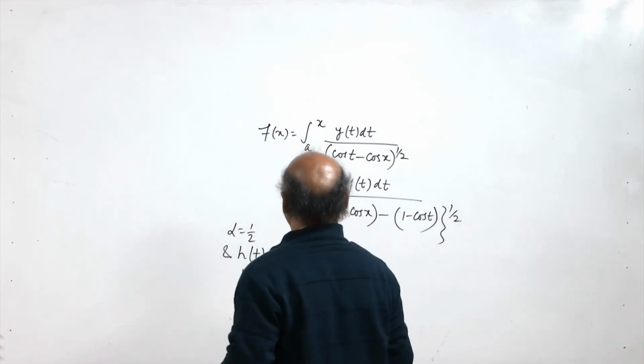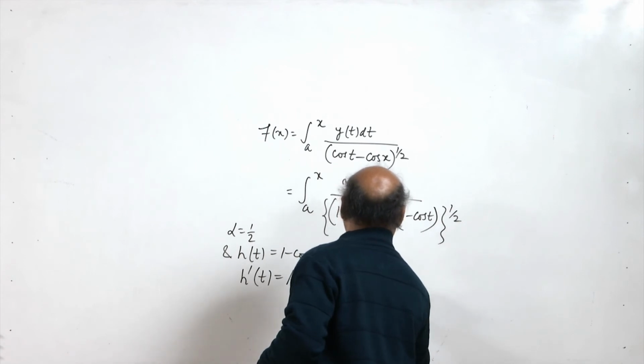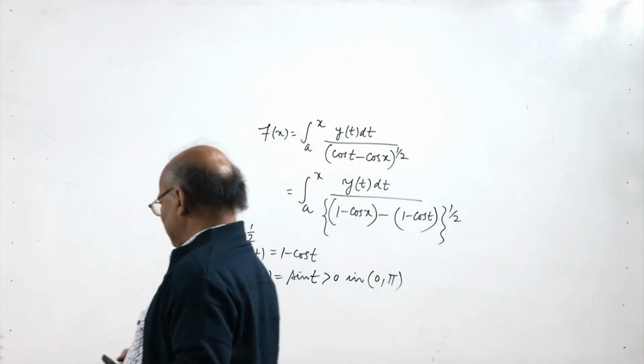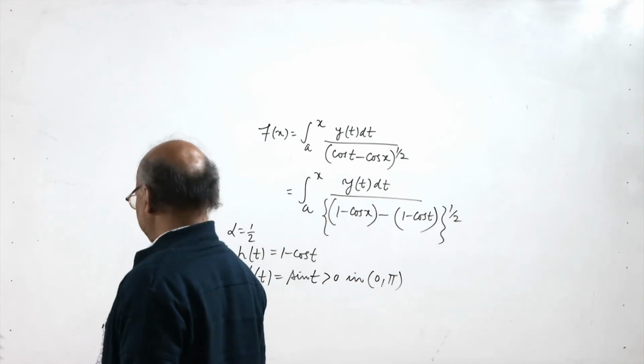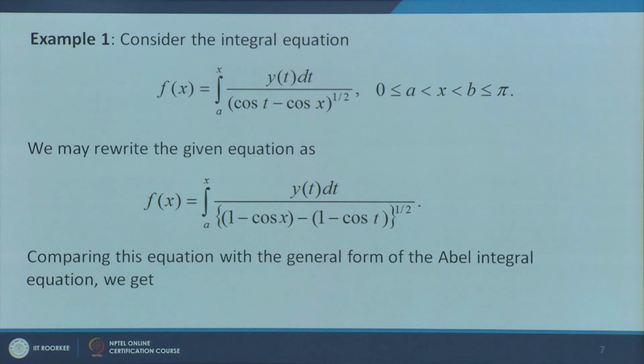Sin t is positive in the interval 0 to pi. So h(t) is monotonically increasing because h prime(t) is positive.